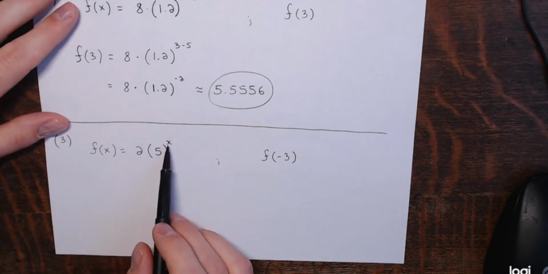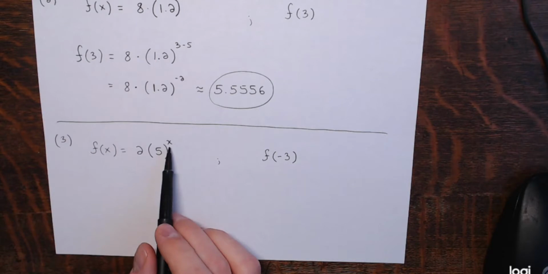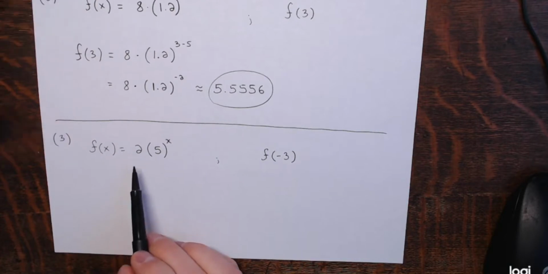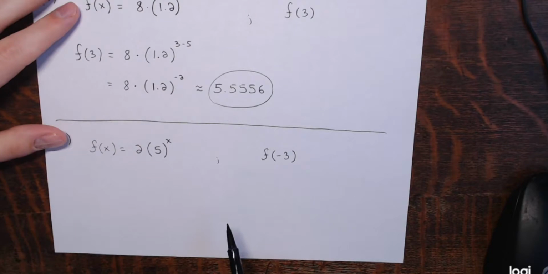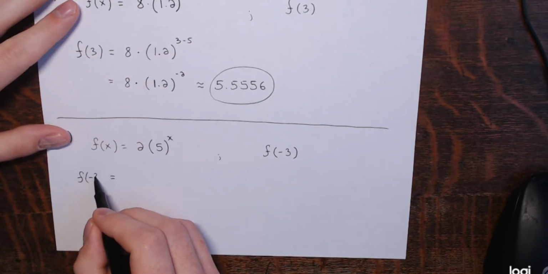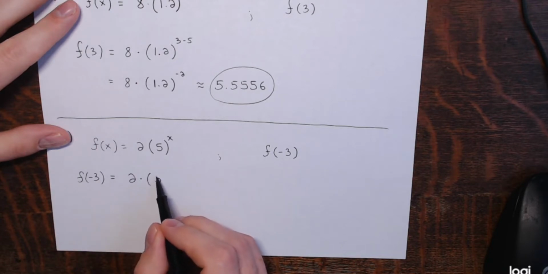Again, you see a numerical base, a positive number that's not 1, and an exponent with a variable to the first power, just x here, and then it's times 2. And what's the value of f at negative 3? So f of negative 3 is 2 times 5 to the negative 3rd power.